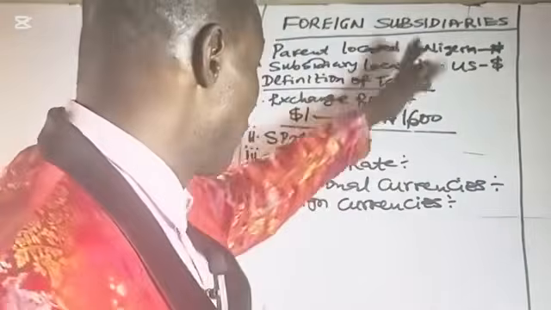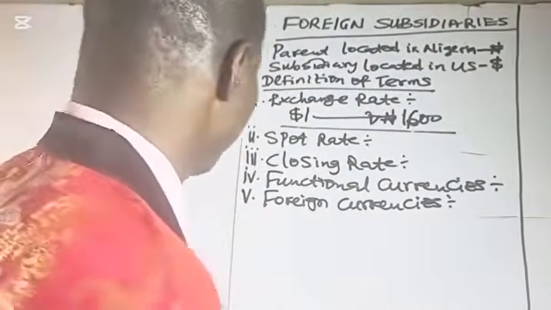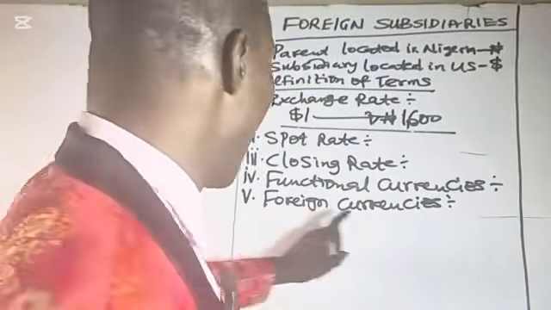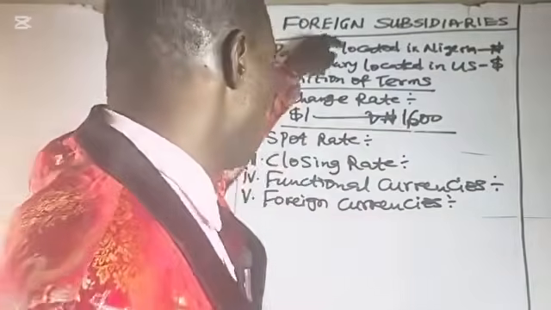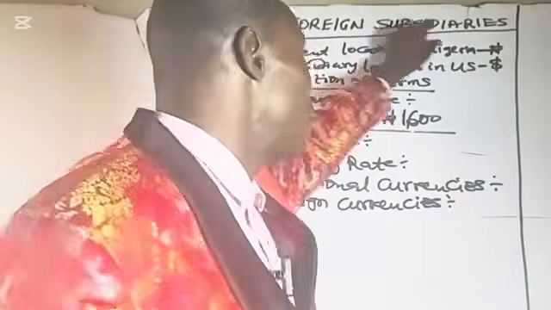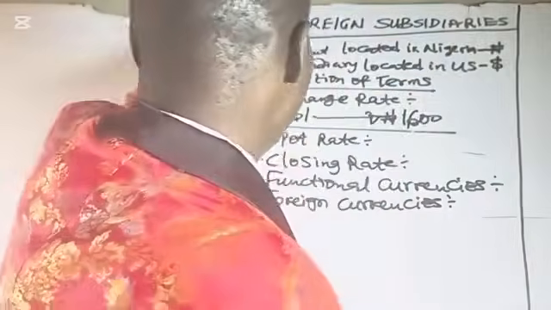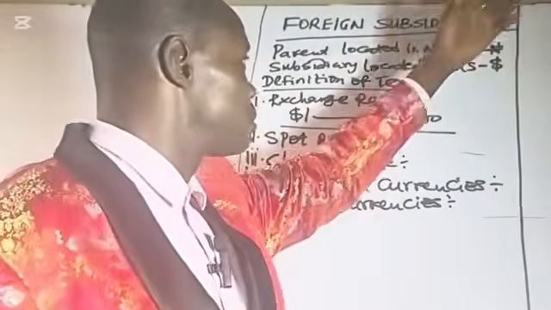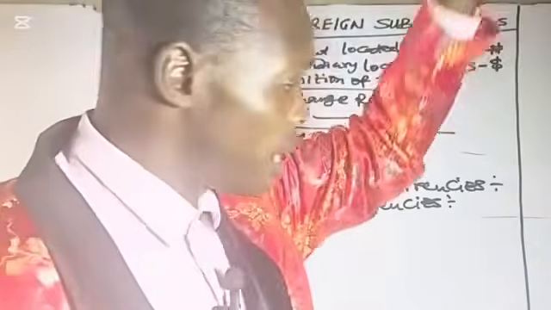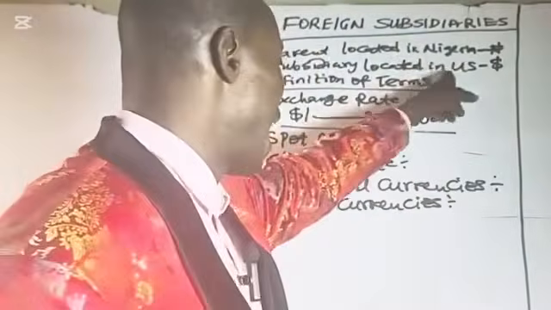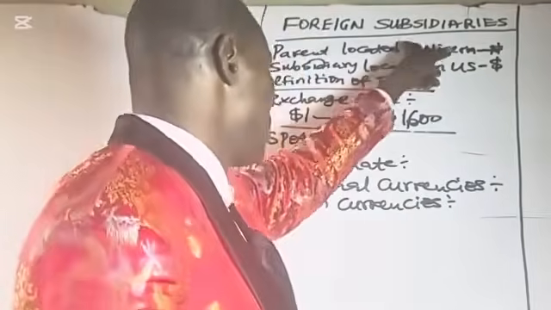Any currency different from the functional currency of the entity, we refer to as the foreign currency. For a business located in Nigeria, the naira is the functional currency. Any other currency apart from naira, such as dollar, pounds and the like, is a foreign currency to a Nigerian business.